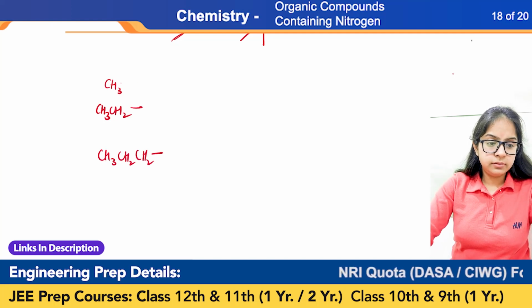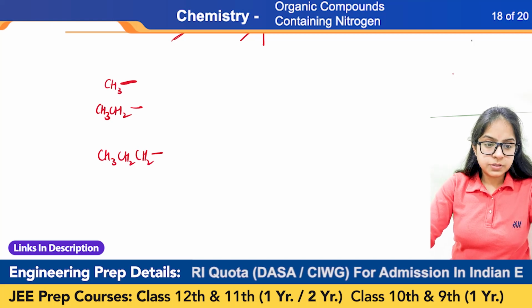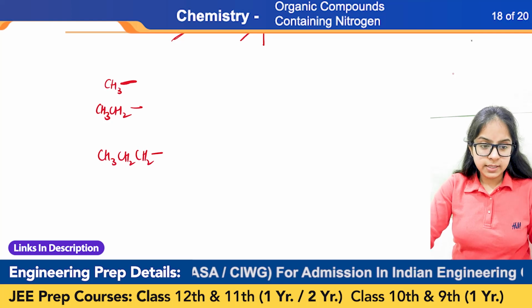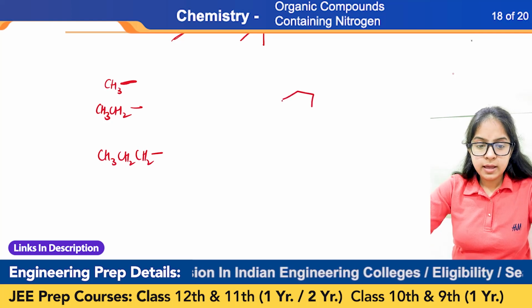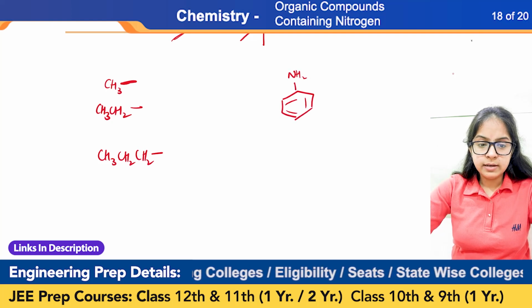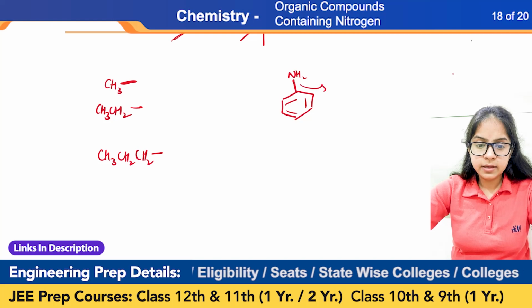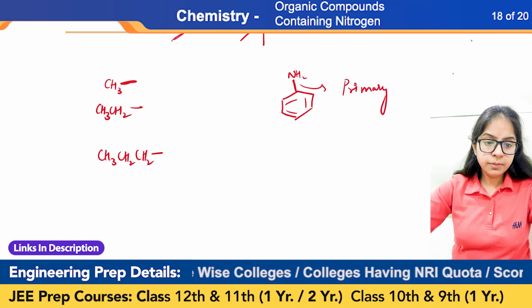This bond is attached to the nitrogen atom. Now the next one is aryl groups. An aryl group can be benzene, and if it is attached to N, it is still a primary amine.